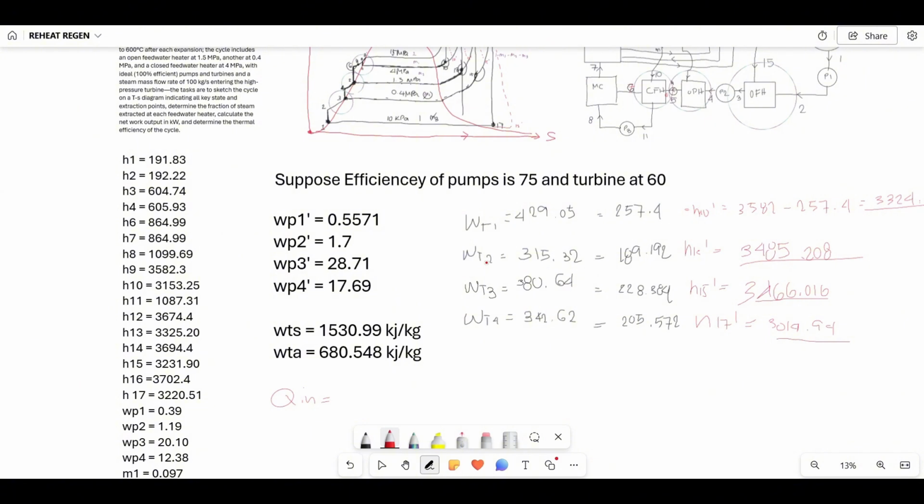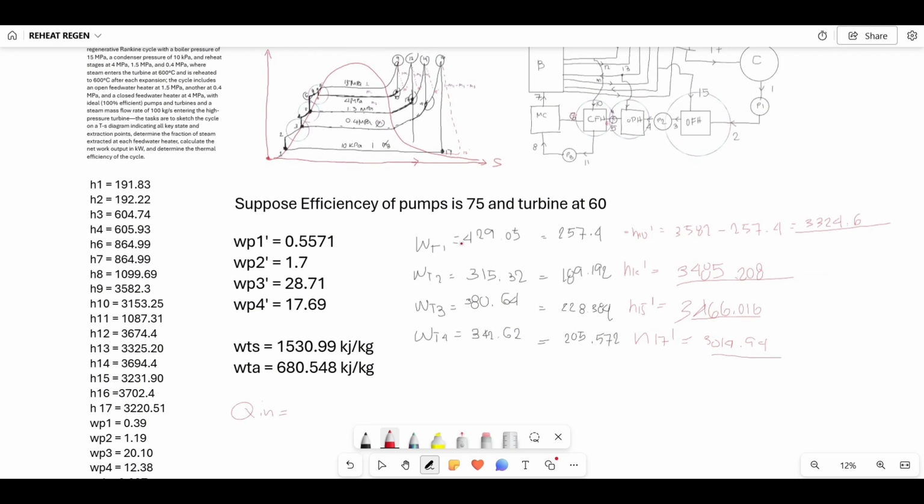So we have 9, which is 3582.3 minus, what is the old one, which is just the same, H6 or H7, which is 864.99 times 100, because 100 is the mass.